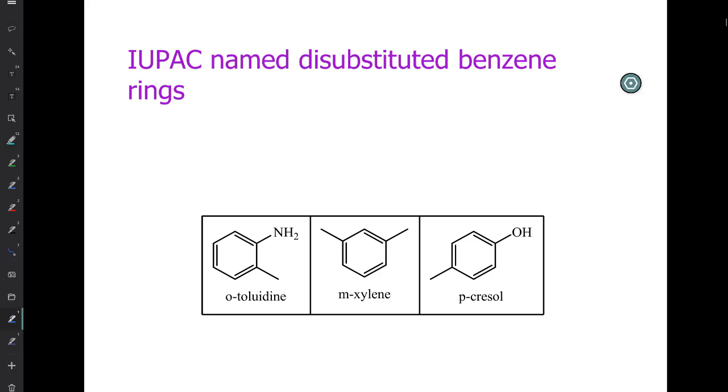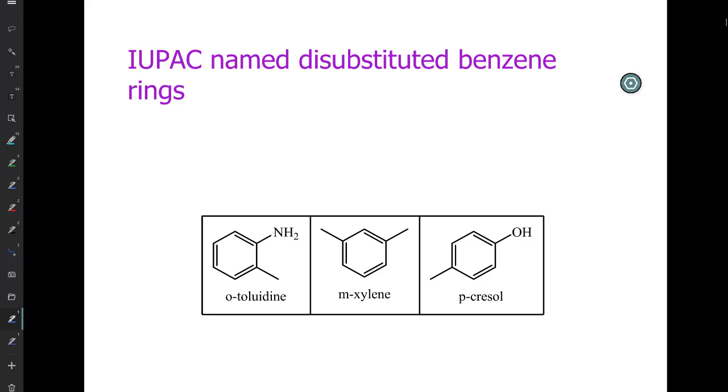So just like how we've taken functional groups and incorporated them into the name of the compound for monosubstituted benzene rings, there are some disubstituted benzene rings that have also become part of the IUPAC, the systematic nomenclature.